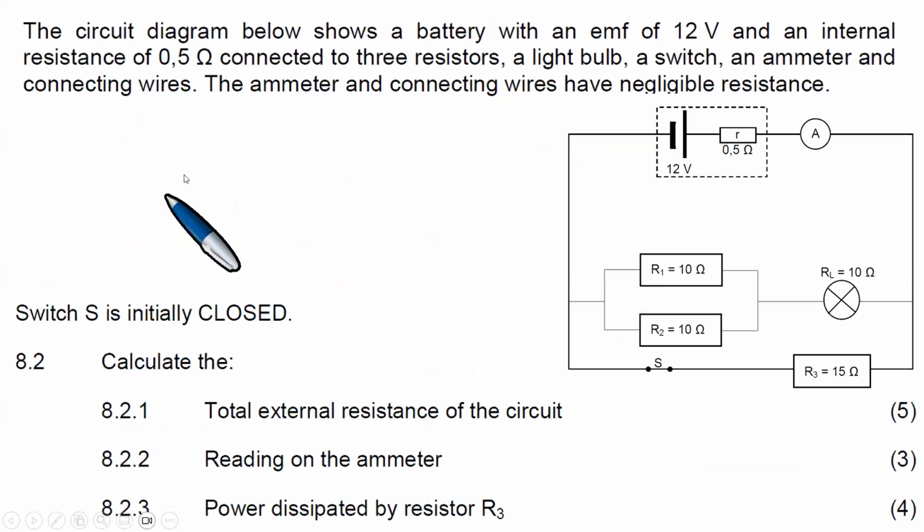Let's do some calculations. The circuit diagram below shows a battery with an EMF of 12 volts and an internal resistance of 0.5 ohms connected to 3 resistors, a light bulb, a switch, an ammeter, and connecting wires. The ammeter and connecting wires have negligible resistance.